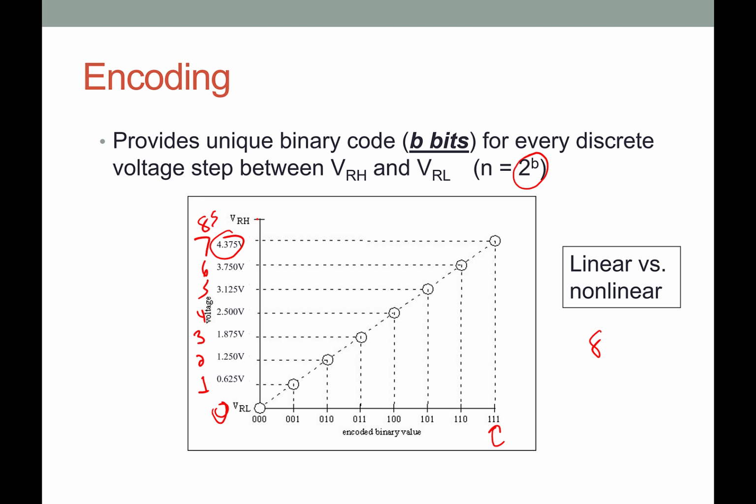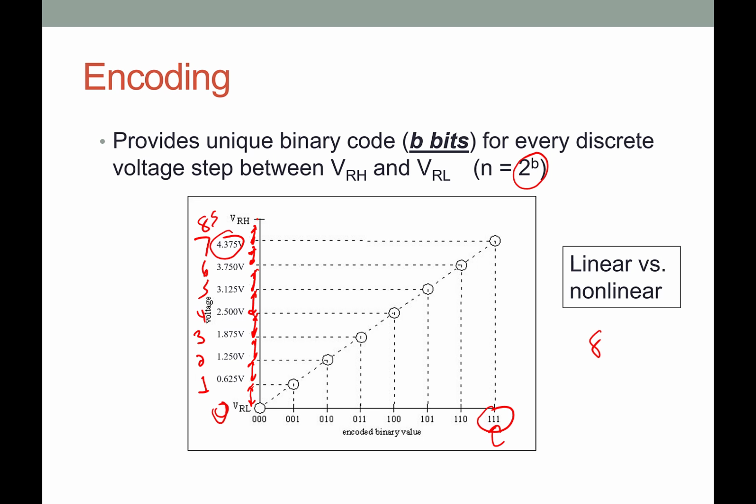You're never going to get your high voltage because you basically have 1, 2, 3, 4, 5, 6, 7, 8 segments there. So you can't encode the whole range like that because we only have 8 different segments.